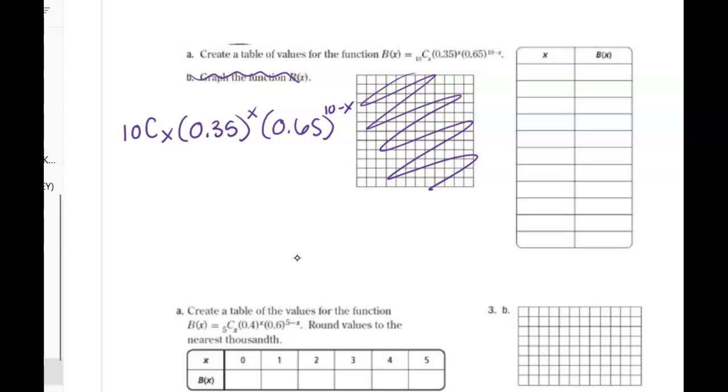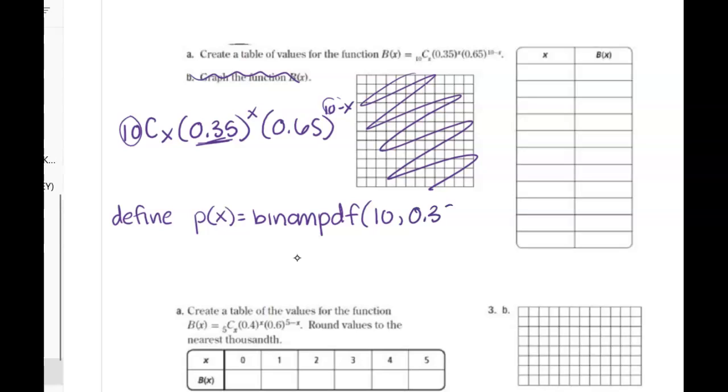So if we do that in our calculator, we'll do define, make sure you put your space or it won't work, P of x equals binomPDF, and then our n is 10, because it shows up here and here, comma, probability of success always comes first, so that's 0.35, and then x, okay?